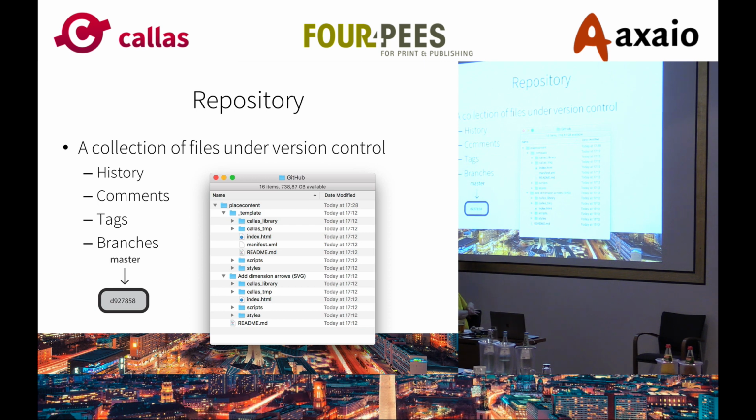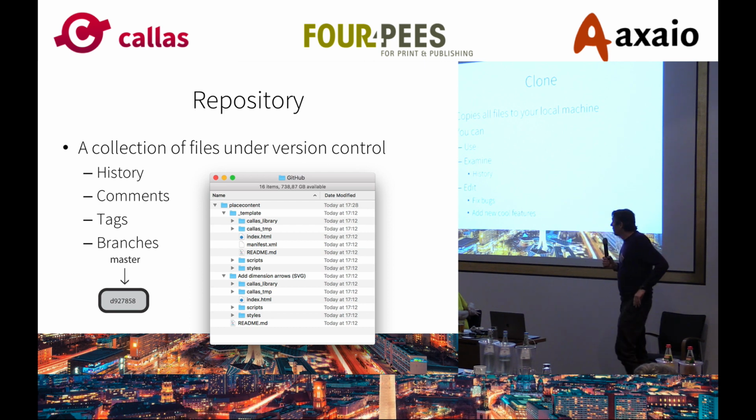Okay? Then we see this little arrow here and this little name. That's something called a tag or a branch. So actually it's just a pointer that points to the version of the whole repository for a certain hash value. Okay.